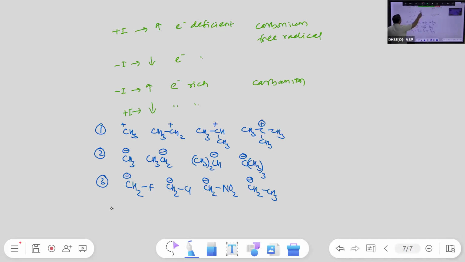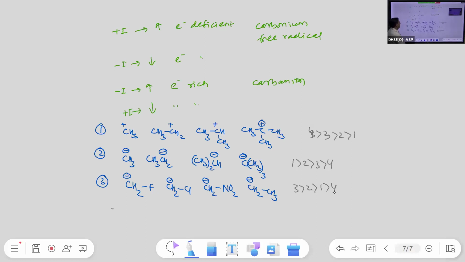Okay, good. Other students? Now, the answer for the first question, decreasing order, is 4, 3, 2, 1, and it is 1, 2, 3, 4. Second and third one is 3, 2, 1, 4.